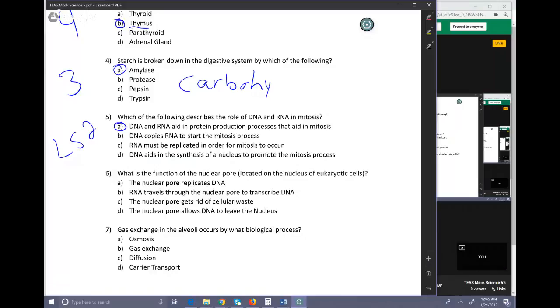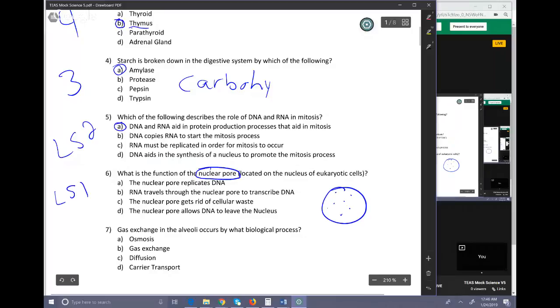Number 6, what is the function of the nuclear pore, is from Life Science 1, which is about the parts of the cell. The nuclear pore is like when you look at the pictures of the nucleus, it has those little tiny dots all over it. They're little bitty holes on the outside of the nucleus.